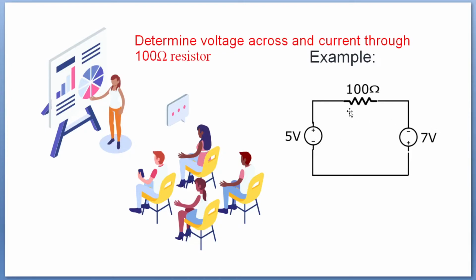Consider this example. Here in this example, we need to determine voltage across and current through the 100 ohm resistor. While applying KVL, first we need to determine what is the path through which we are applying KVL. What is the definition of the path?